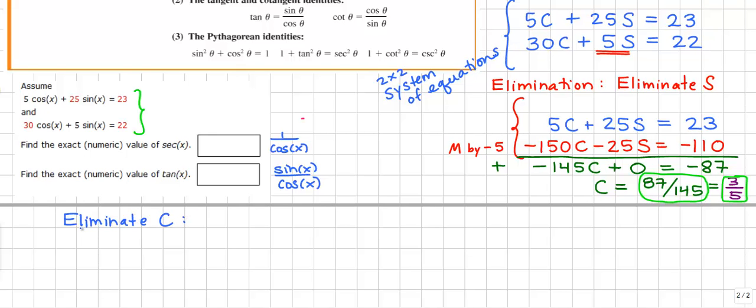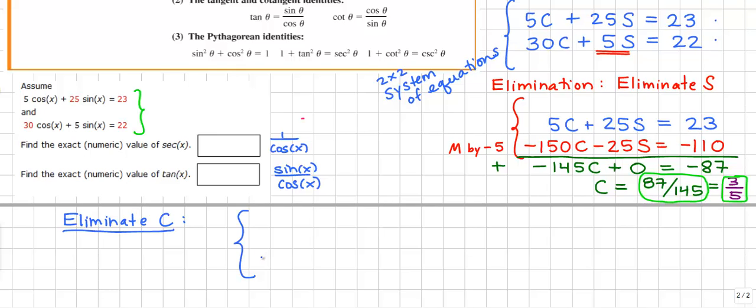Or if you wish, you can take the value of c, substitute into one of these two equations, and solve algebraically for s. So you can use elimination and substitution in combination. It's totally up to you, but I'm going to do elimination again just to demonstrate the process.